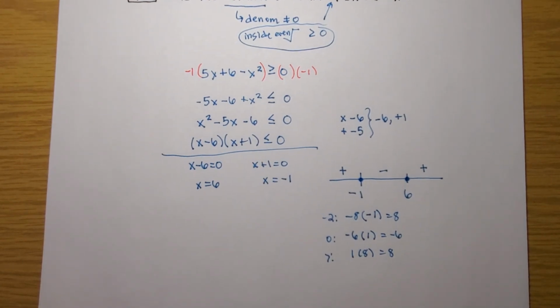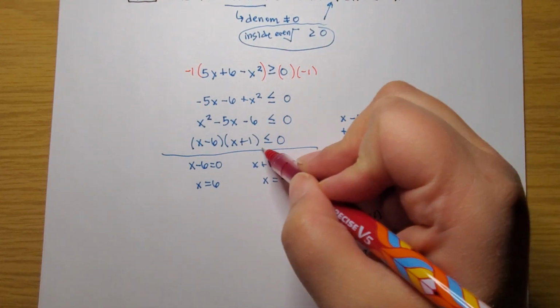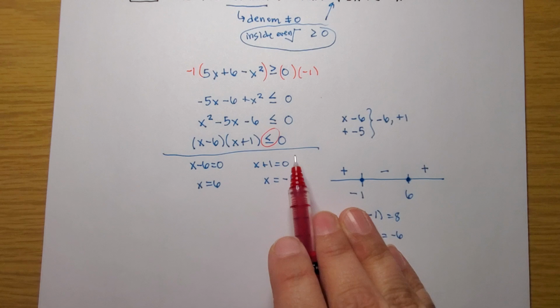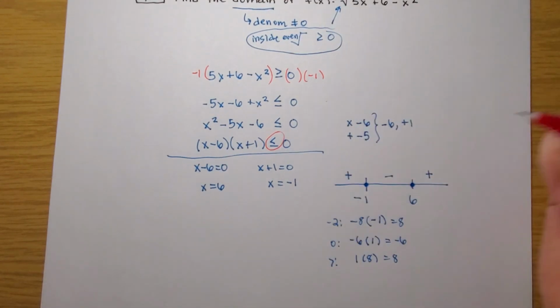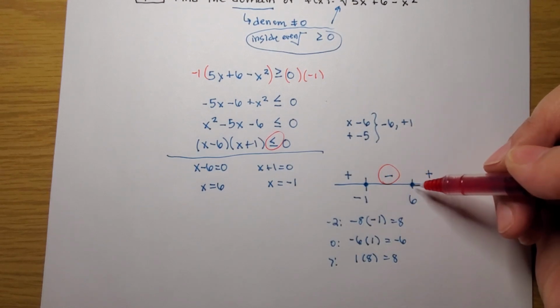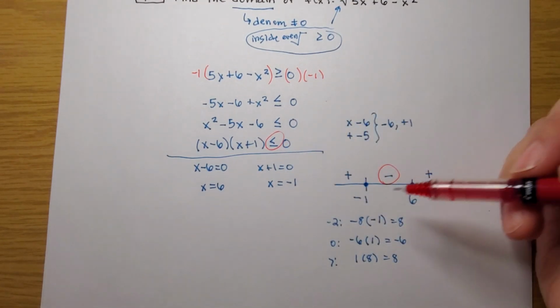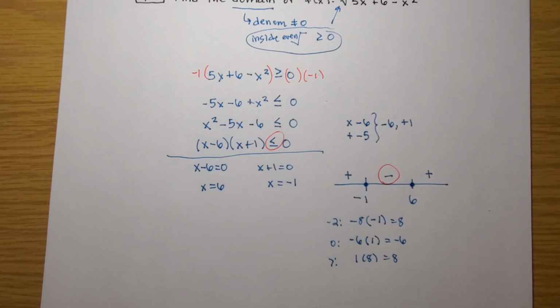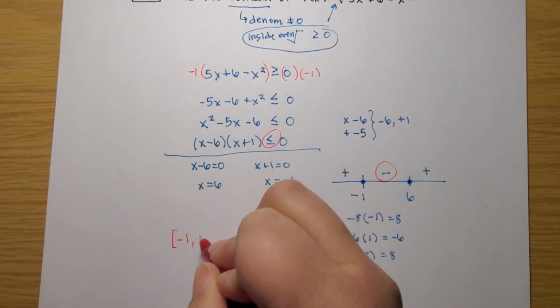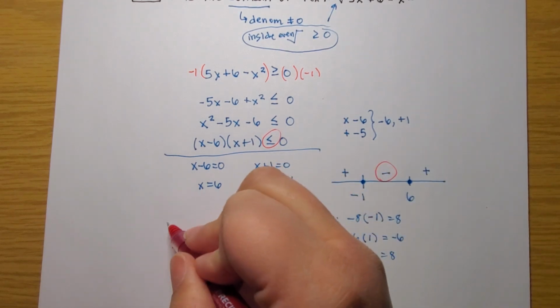Now, in this case, we want our solution to be less than or equal to 0 because this is the thing that we're solving. So less than or equal to 0 means I want a negative number. So I'm going to be between -1 and 6, and because of the or equals to, I'm going to include those. So for my final solution, I'm going to have -1 to 6, and it's included.